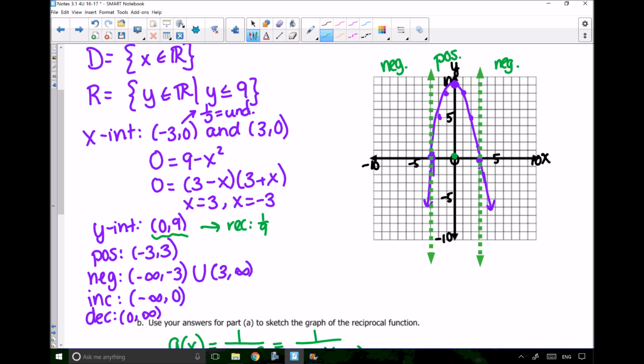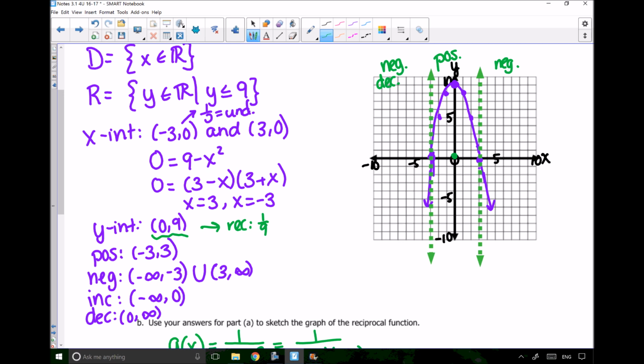So the next thing I want to know is where is my graph increasing or decreasing. In this section right here, if my original graph is increasing, then my new graph will be decreasing. So everywhere to the left of -3, my graph will be negative and decreasing.